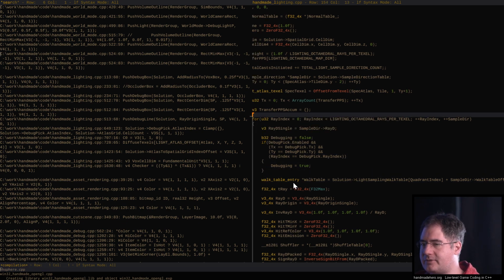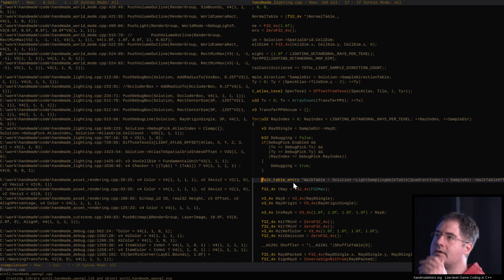Like the light sampling walk table is built wrong or something. I mean, I guess we should probably go look at that. Unfortunately, I don't know of any way to really fix that.